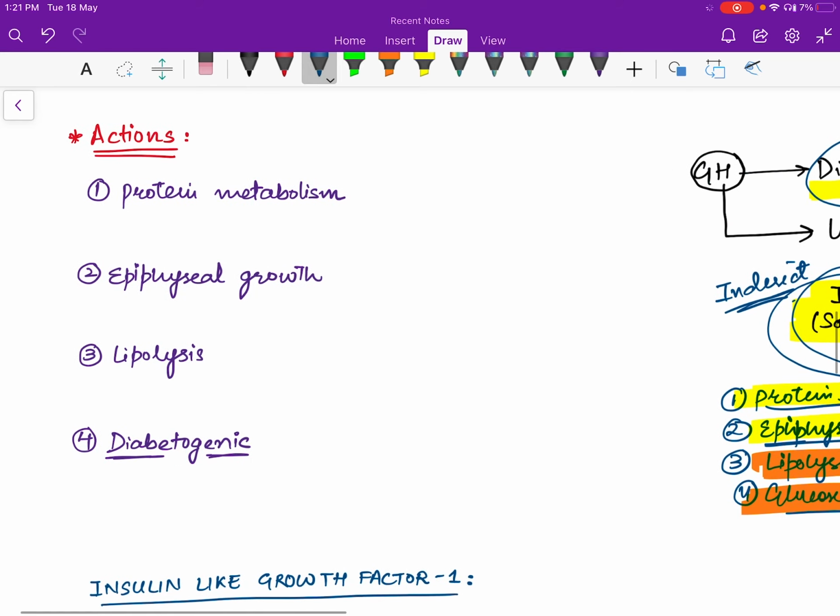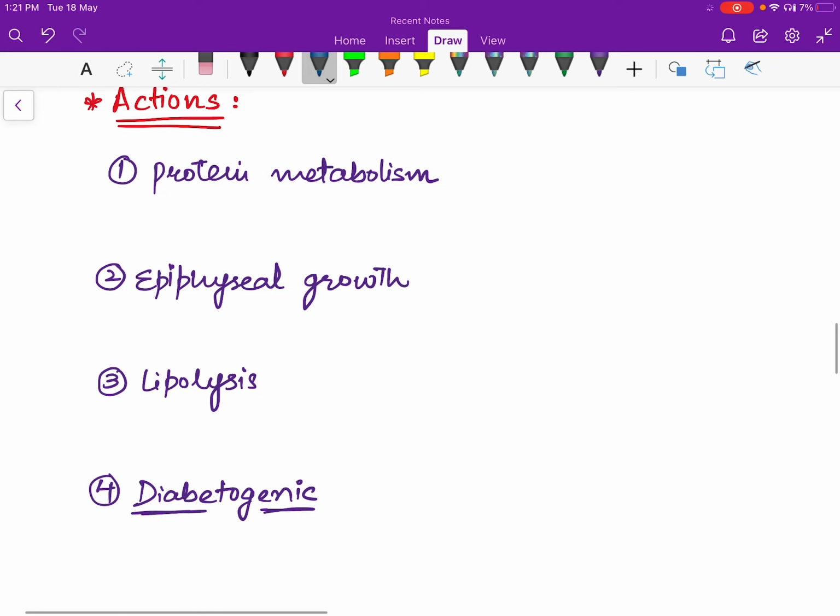Now let us try to discuss these under different headings. First, there is protein metabolism. So what will be the action on protein metabolism? Like I said, both growth hormone and insulin-like growth factor 1 cause protein synthesis.